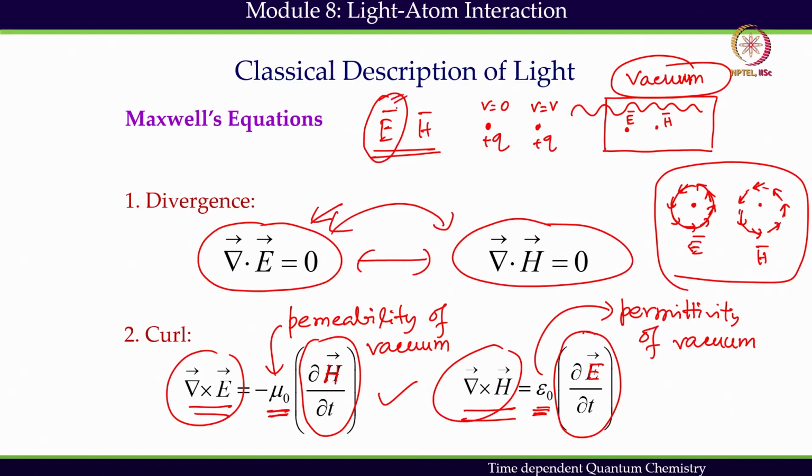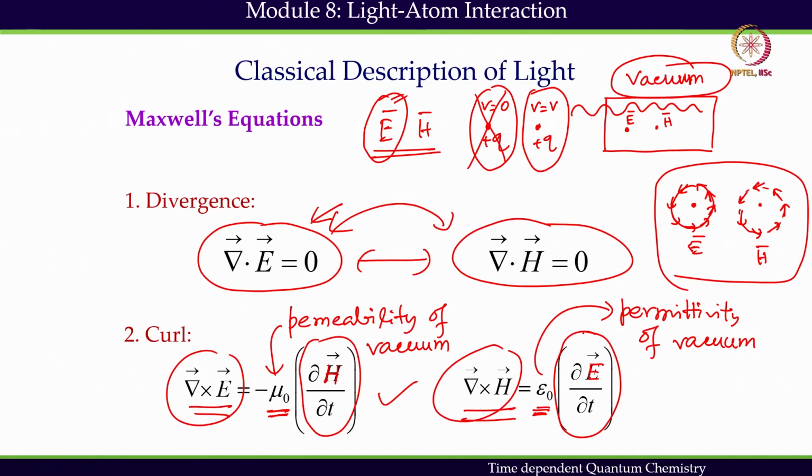But magnetic field cannot exert force on a stationary charge particle, it can only exert force on a moving charge particle. So, there is a primary difference between how electric field and magnetic field will behave to a charge particle, and that is the consequence of Lorentz force. We will not discuss Lorentz force here, but this is something which you should remember.